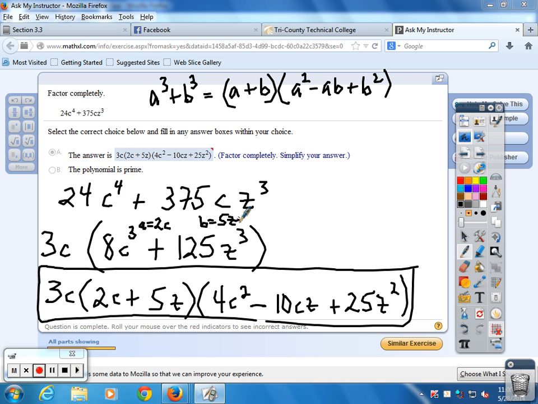So what do you do with 2C and 5Z? Just plug and chug. But see, do you see what I'm saying? If you don't know the shortcuts verbatim, if you don't know them by memory, then it's going to be hard to understand what this is right here.